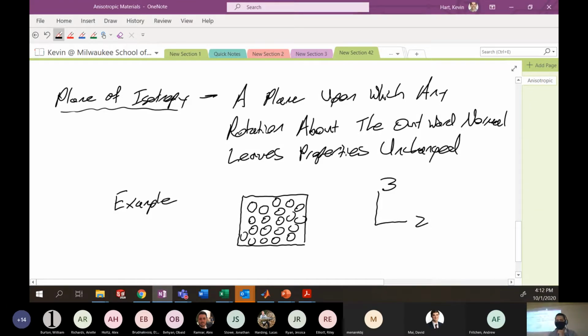This is sort of what you would be looking at, down one axis.